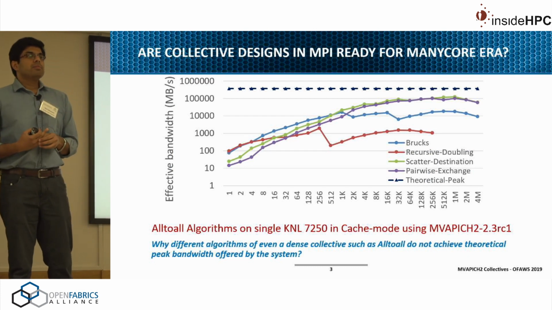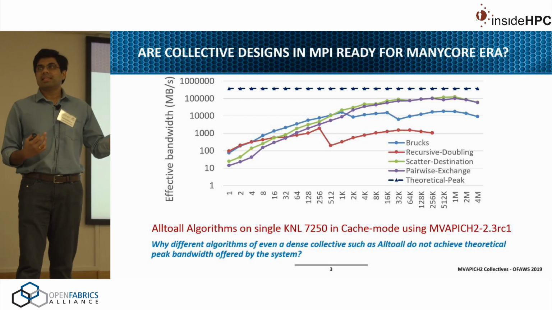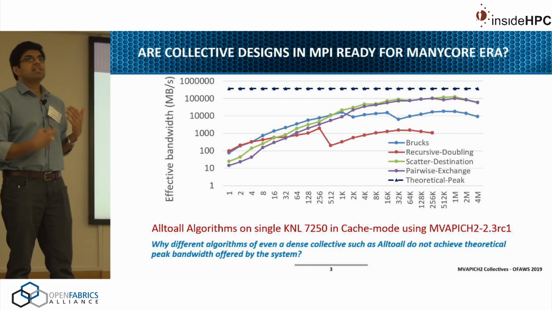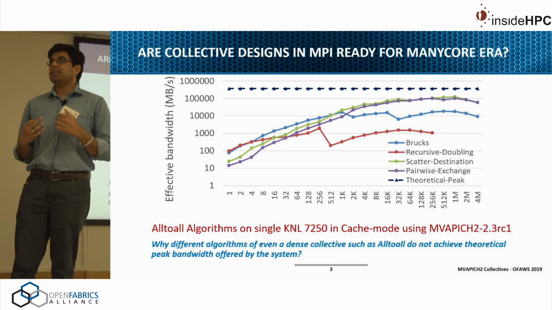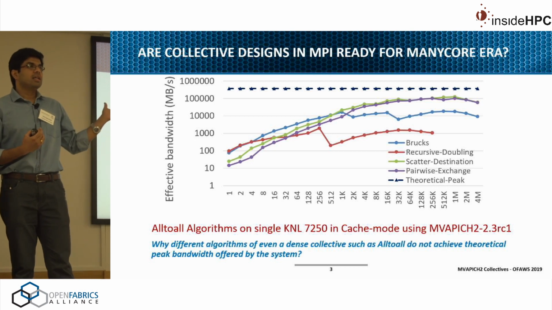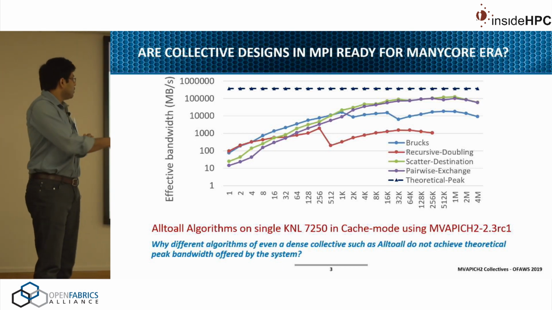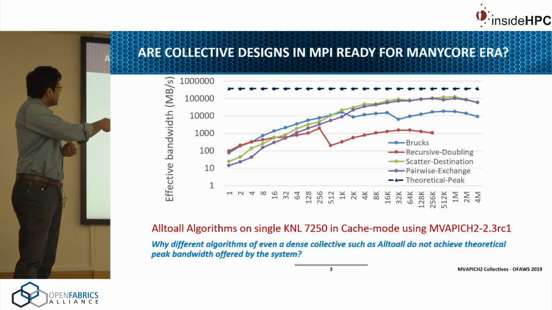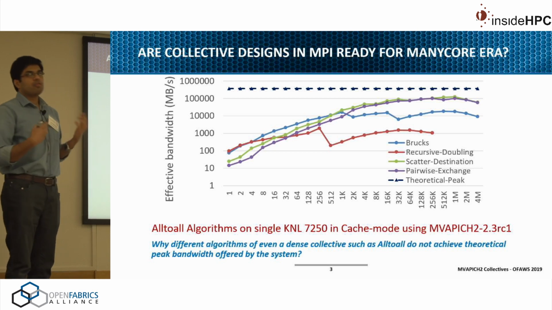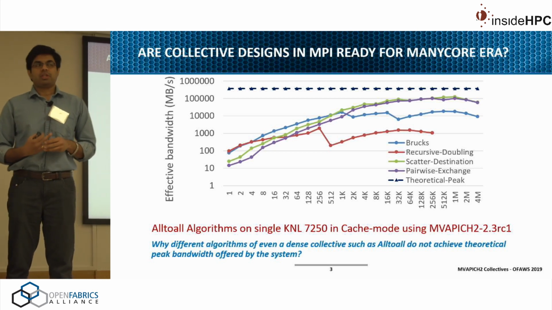So what are the problems with existing collective operations? In this slide, we try to elucidate that. The top black line presents the theoretical peak bandwidth that you can get on a given system. And what we have shown in this slide is the amount of peak bandwidth that the various collective algorithms are able to achieve. Here we have taken the example of all-to-all because that's a very dense communication intensive collective operation.